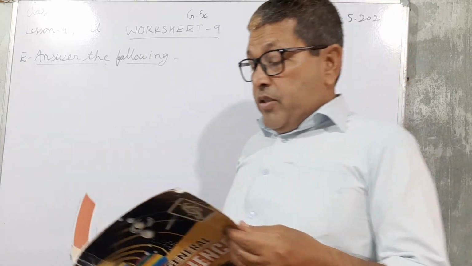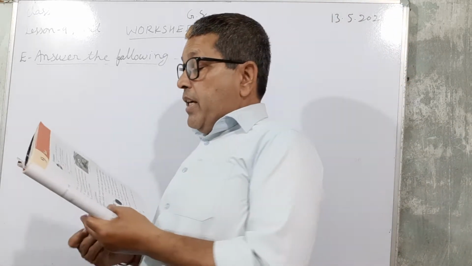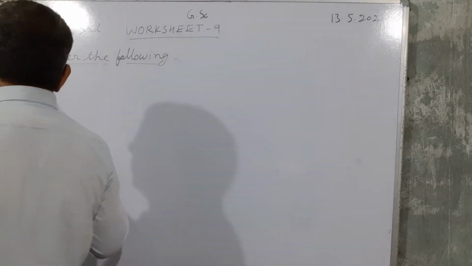So here, soil is the uppermost layer of the earth in which plants grow.